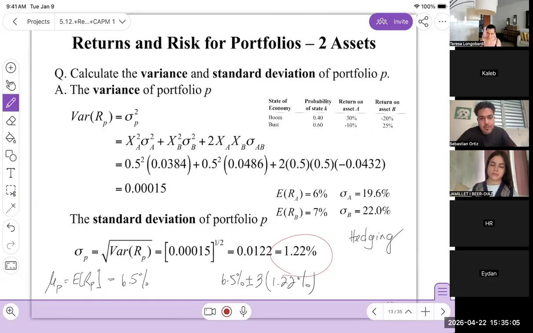Professor, I have a question because when I was doing it, I got a slightly different number. It says there that 0.22 to the power of 2 is 0.0486, but it's 0.0484 in my case. Is that the standard deviation of B? Right, yeah.